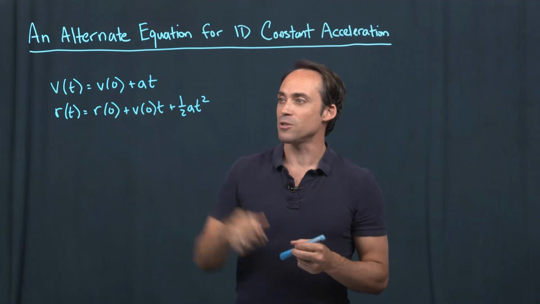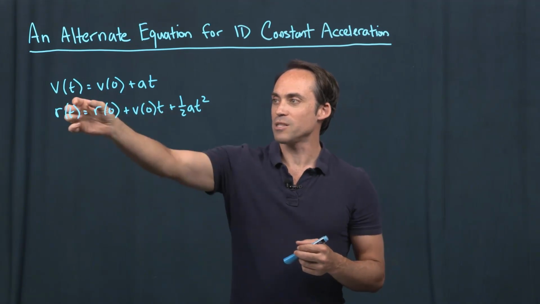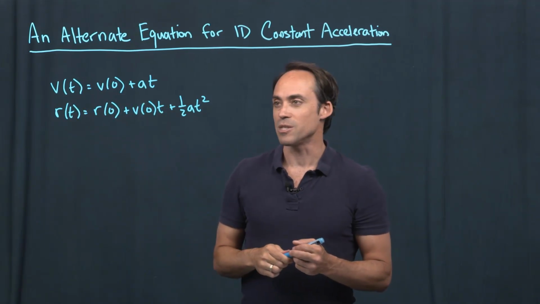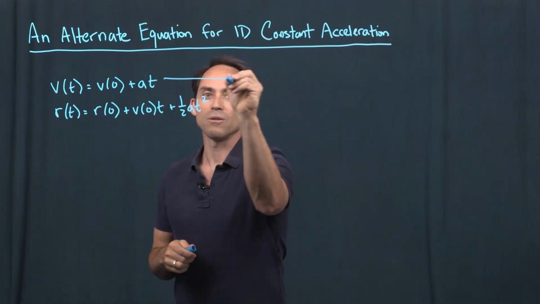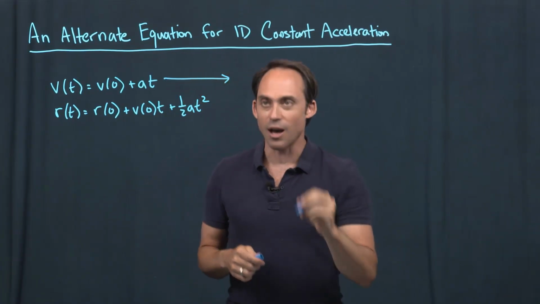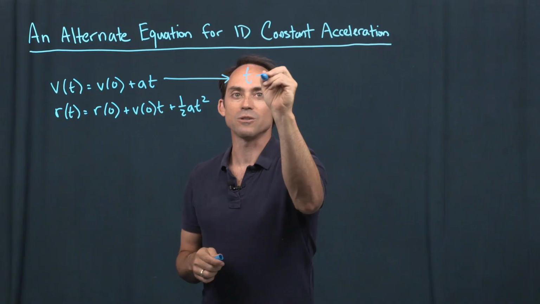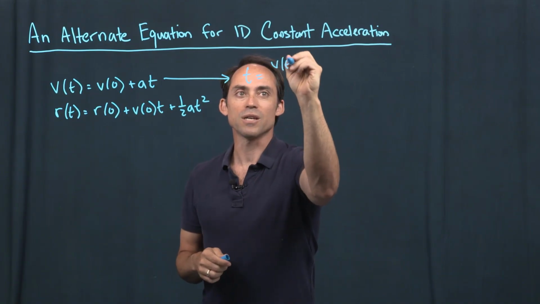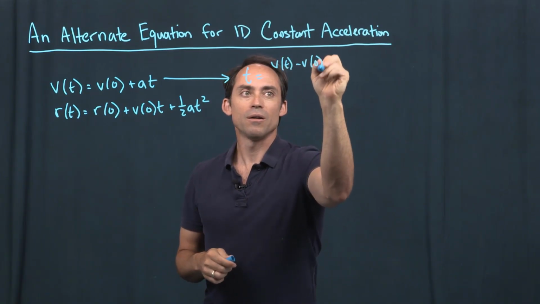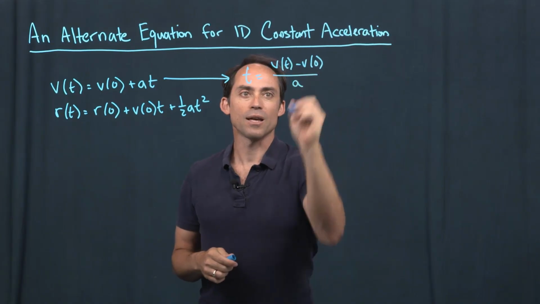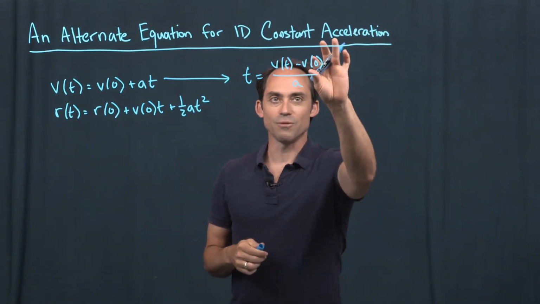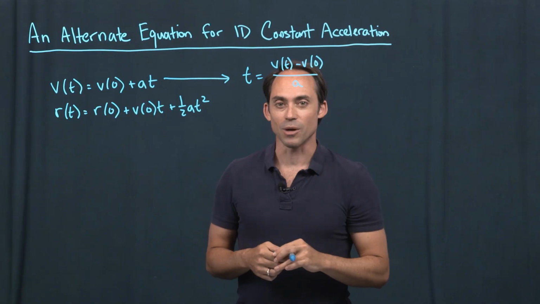So I'm going to start with this first equation, which is the velocity as a function of time equal to initial velocity plus at. We can use some algebraic work to turn this into an expression for the time, given as a function of the difference in velocity divided by the acceleration.